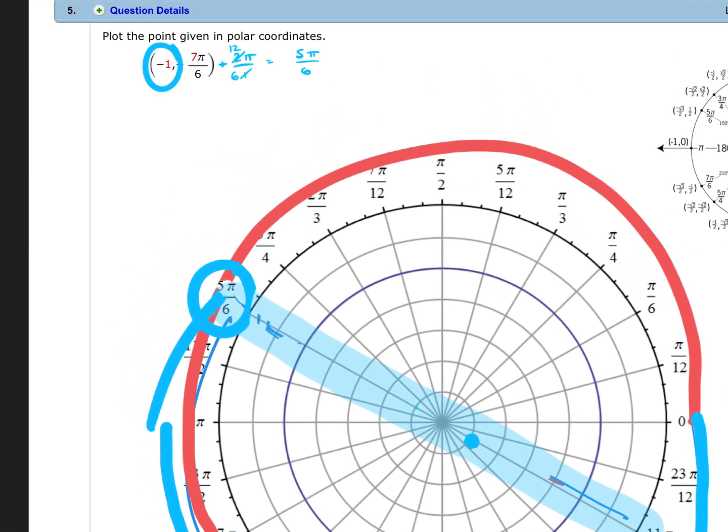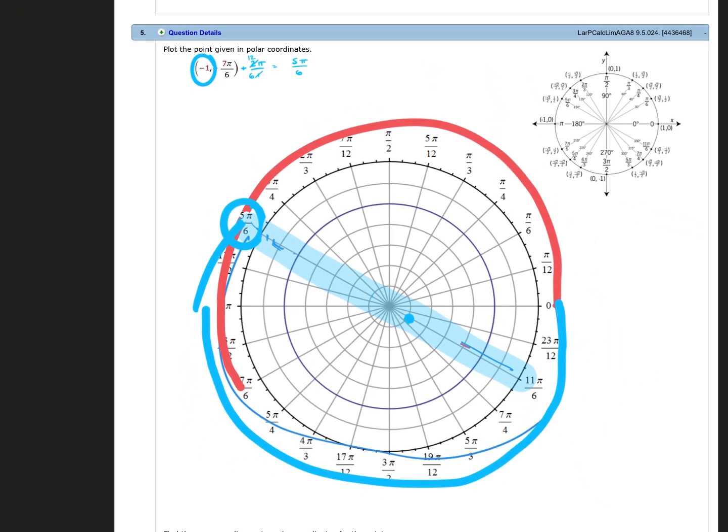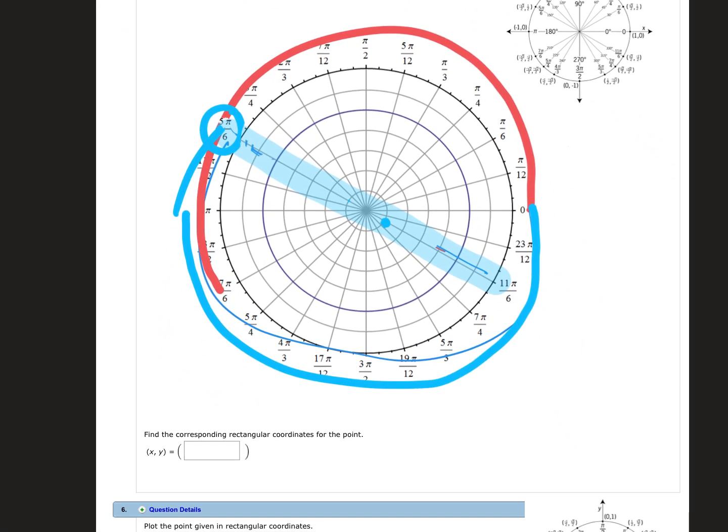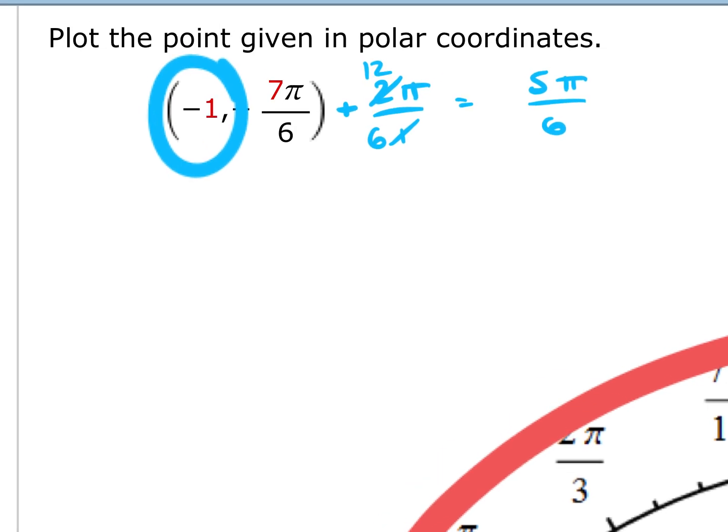So the second part of this says to find the corresponding rectangular coordinate. So we're going to convert it. Again, I'm going to use my formula. x is equal to r times cosine theta. So x is equal to negative 1 times cosine of negative 7 pi over 6.